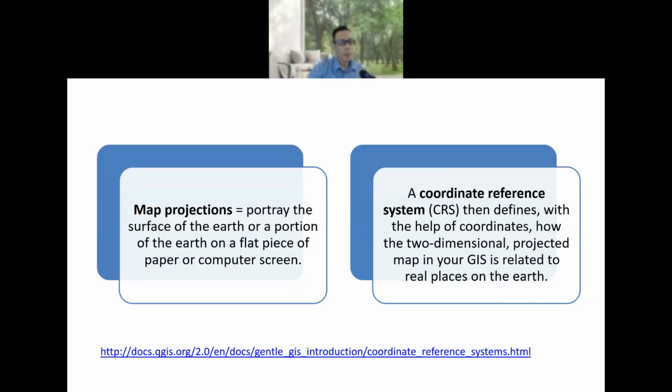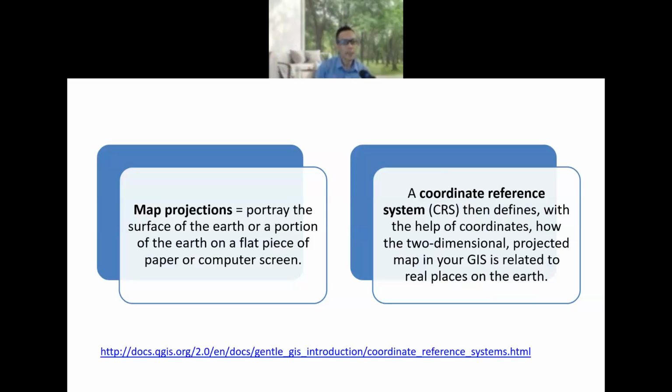Because different people propose different methods for map projections, that's why there are different coordinate reference systems. This coordinate reference system shows how you will project from this to this, and this coordinate reference system shows the projection for this guy, and this one shows the projection for that guy.